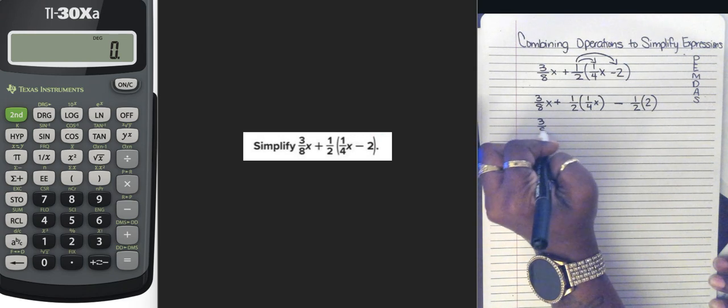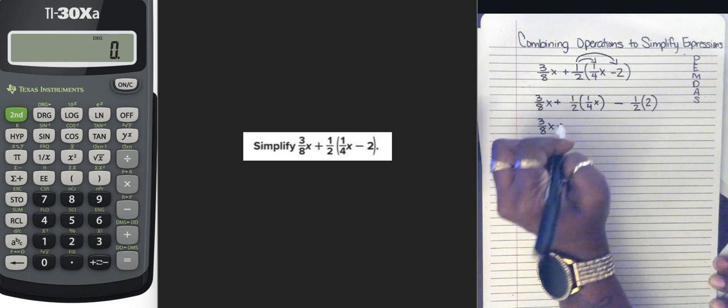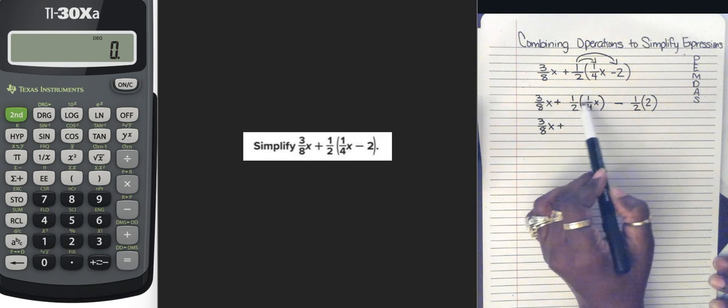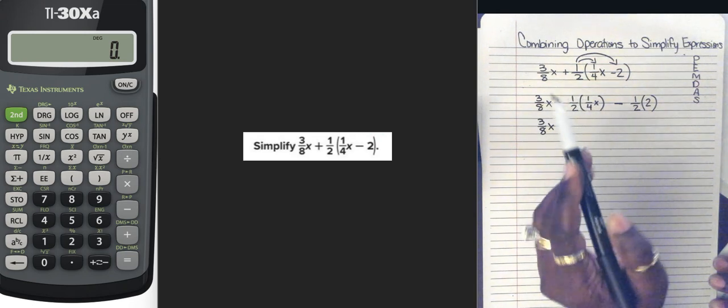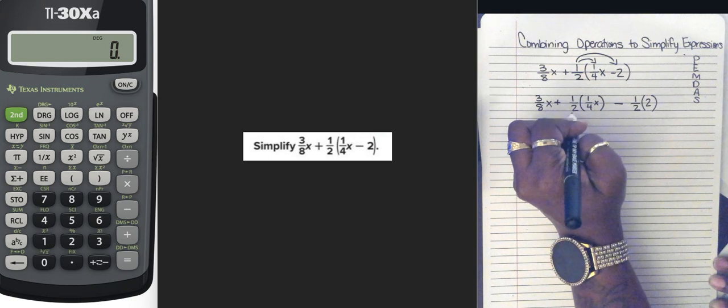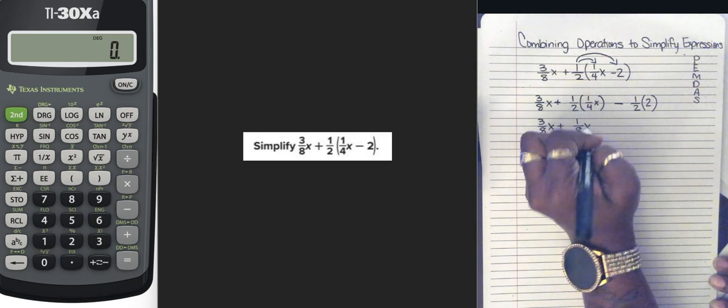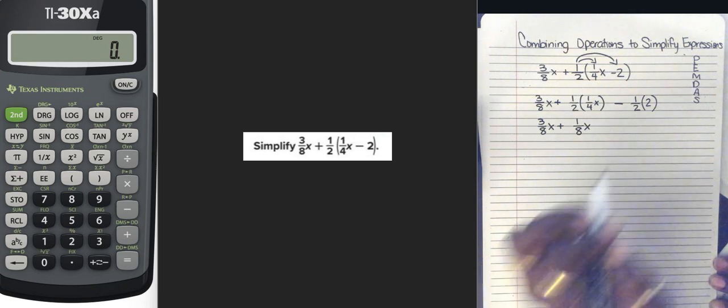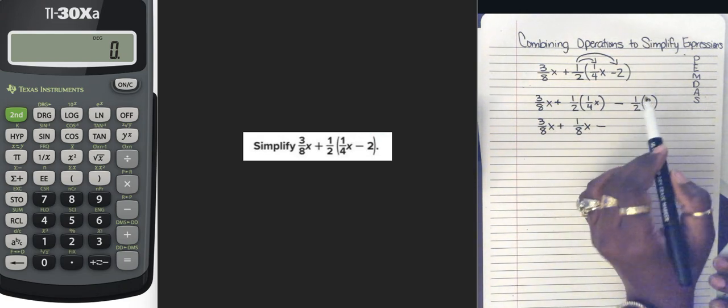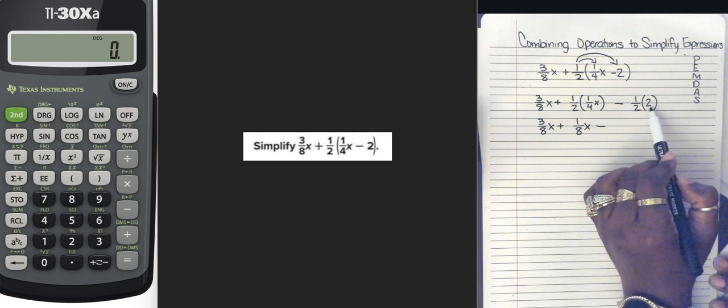So now let's see what happens when we bring that down. This will remain 3/8 x plus. When you're talking about fractions and you're multiplying, remember you just multiply straight across. So that's 1 times 1, which gives me 1, and 2 times 4 gives me 8. So that's 1/8, and then you'll keep your variable. So 1/8 x. And then we're going to subtract 1/2 times 2.